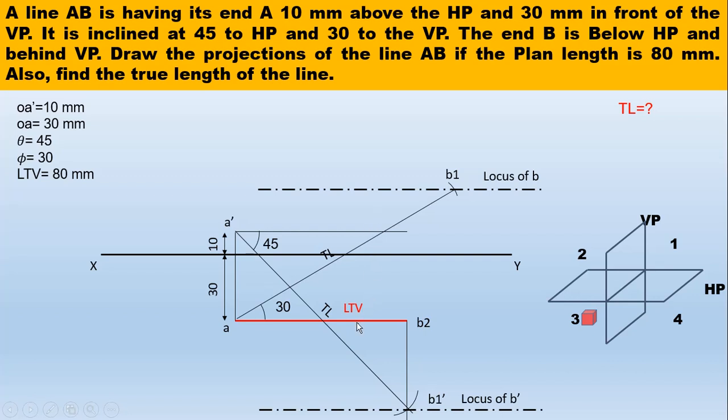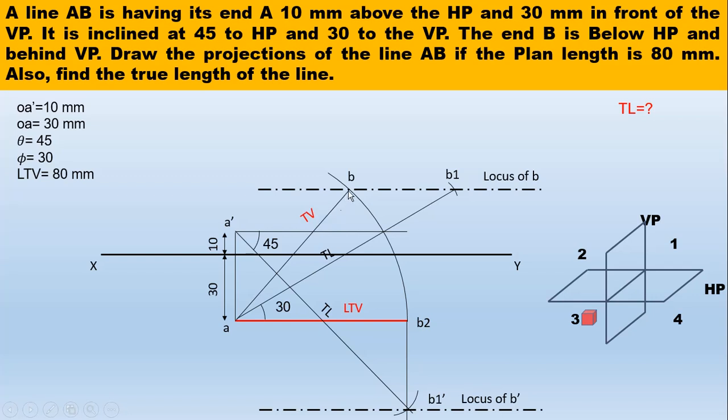You have true length in both the views and you have length of top view, so you can easily find the length of front view. With AB2 as a radius, make an arc on the locus of B, because this is length of top view, right? So it will give you the point B, and you can find the top view over here. This is nothing but the true position of top view.